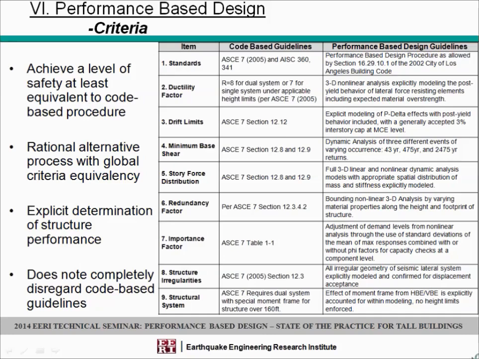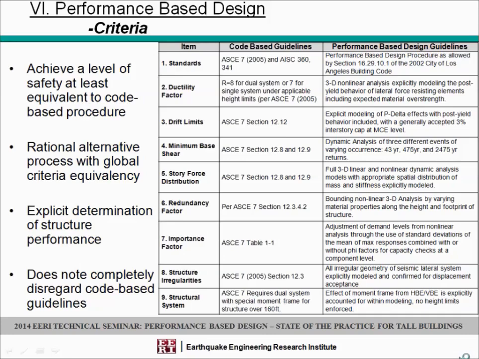Ductility factors, as I mentioned, the R of 8, and the next one, drift limits, which as long as you represent your P-delta effects in your modeling and you capture it properly with all the proper techniques of modeling, then it gives you the exemption from the code limits. And similarly, minimum base shear.